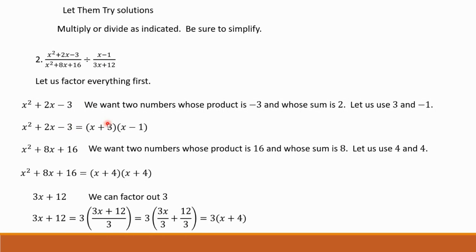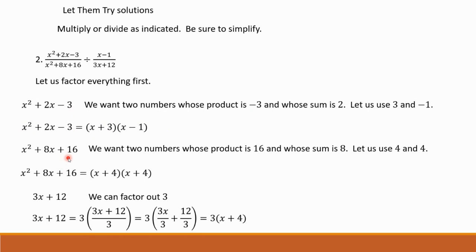So what do we get? We get 3 and -1. They seem to work. Their product is -3, and their sum is 2. So we get this. Moving on, we have this one here. That's the next thing we're going to factor.